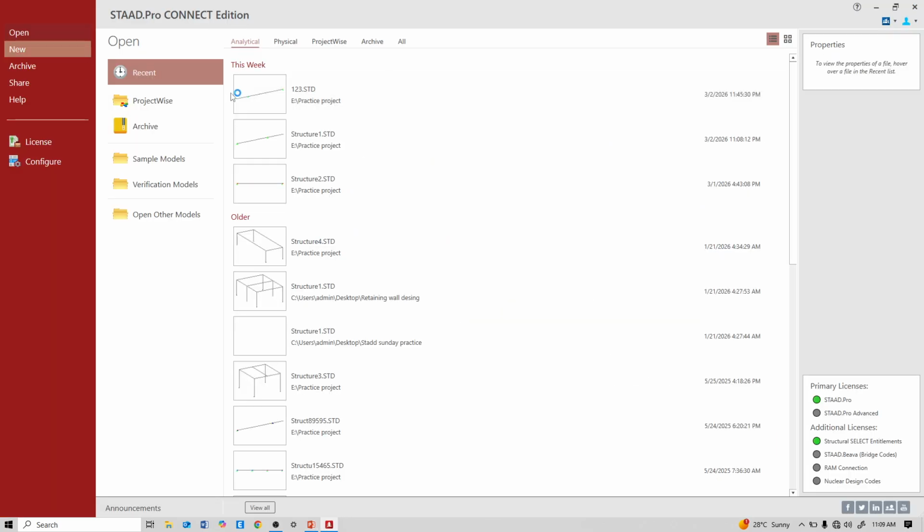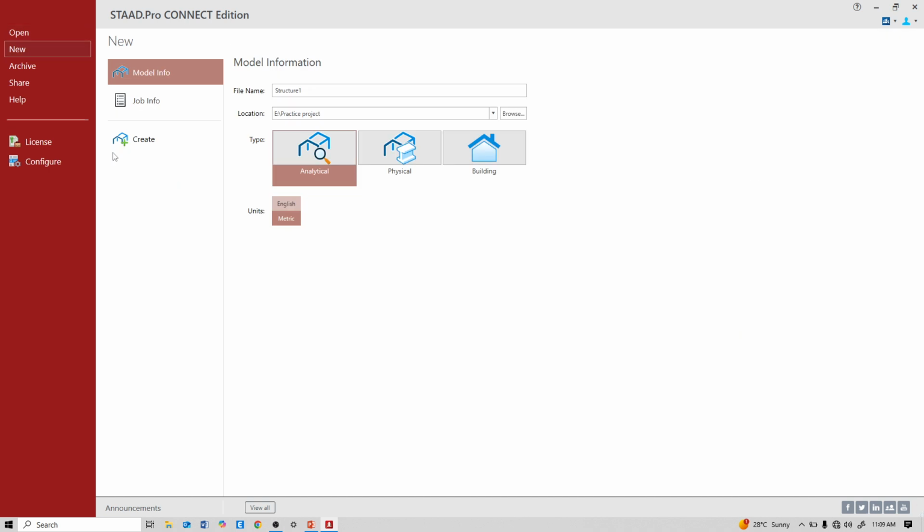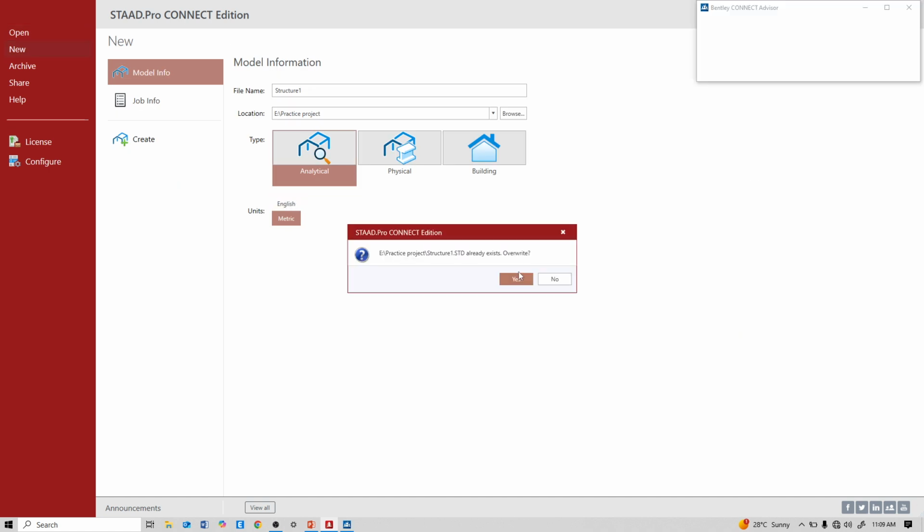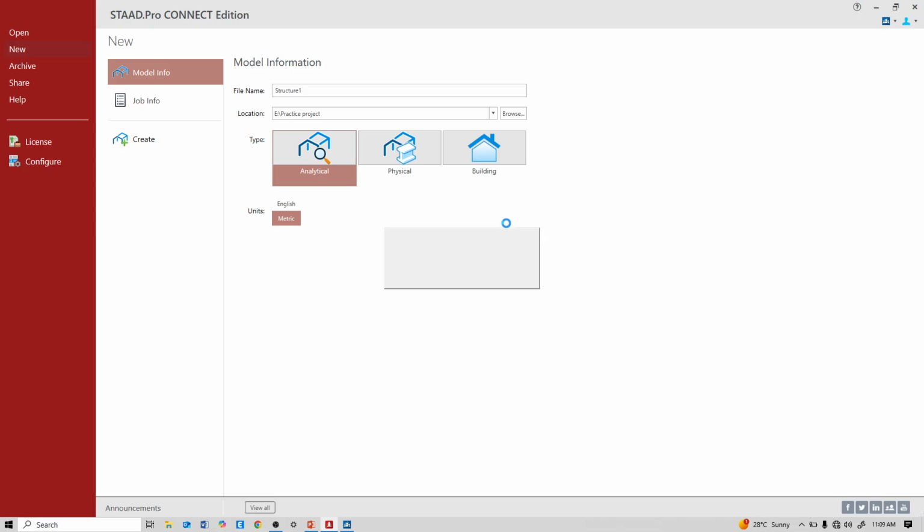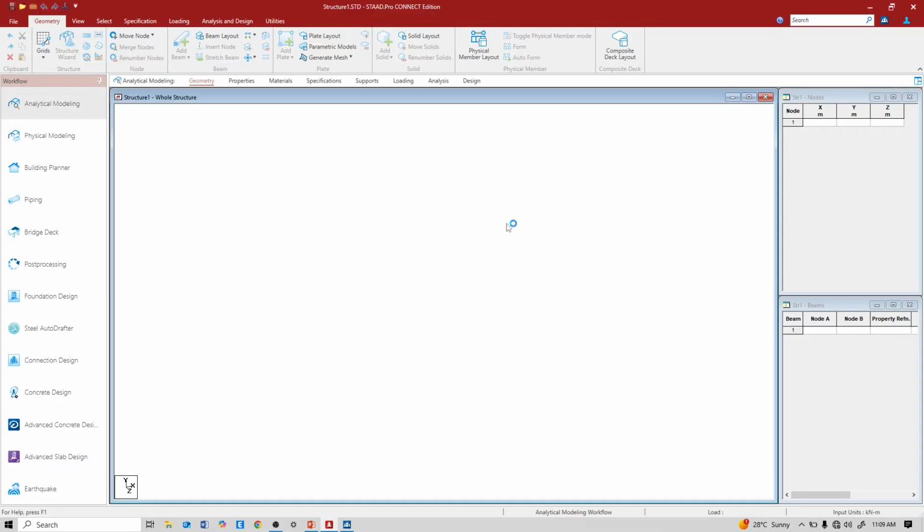New, metric, create. Zero. The total length of this beam is 12.5 plus 2.5, that means 15 meter.